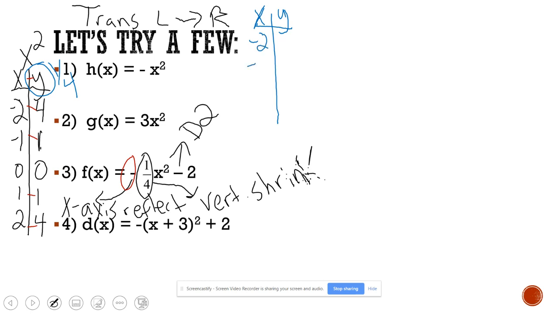So our x values, remember, are not changing. -4 times 1/4 is -1. -1 times 1/4 is -1/4. 0 times 1/4 is 0. 1 times 1/4 is 1/4.